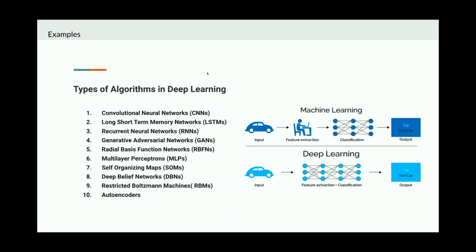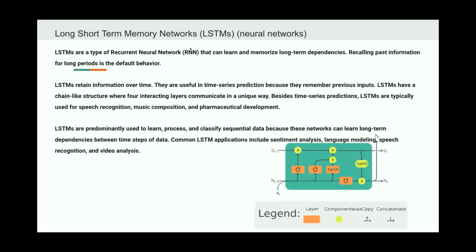There are so many types of algorithms in deep learning, such as long short-term memory networks and recurrent neural networks. I'm just going to give an example of a long short-term memory network. LSTMs are a type of recurrent network that can learn and memorize long-term dependencies, recalling past information for long periods as default behavior. LSTMs retain information over time. They're useful in time series predictions because they remember previous inputs.